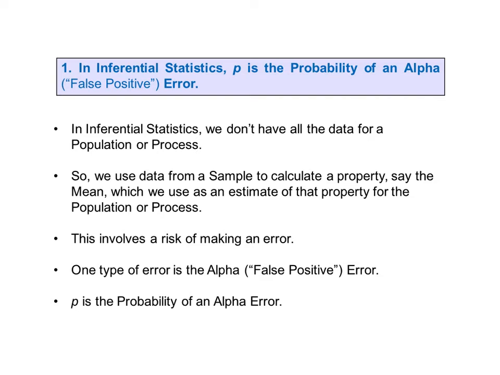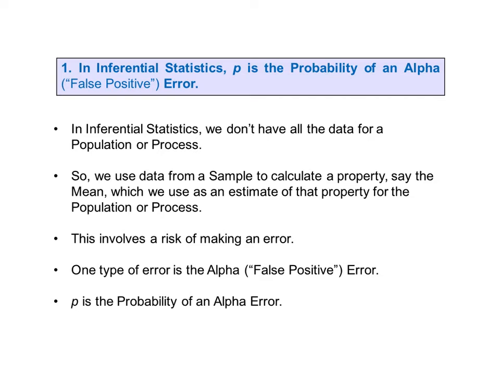KTU number 1 says, in inferential statistics, P is the probability of an alpha error. Now, in inferential statistics, we don't have all the data for a population or process. The population is too big, or an ongoing process is always producing new data. So we use data from a sample to calculate a statistical property, say the sample mean.